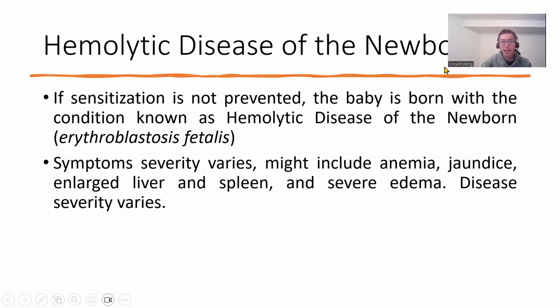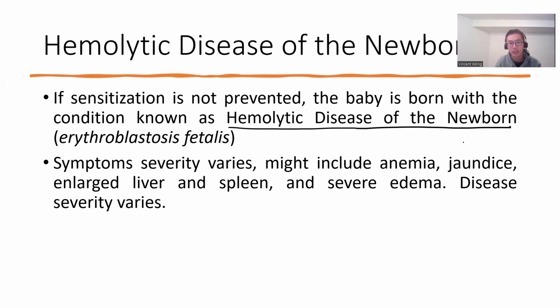So when the antibodies from the mother go into the baby's bloodstream and attack the baby's cells, it results in a lot of red cells dying in the baby's body. And this creates a group of conditions that is collectively known as hemolytic disease of the newborn.